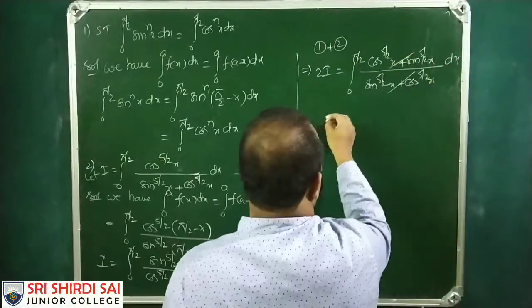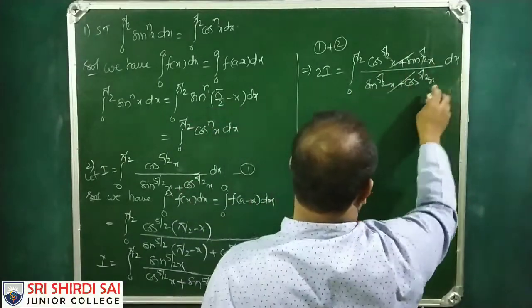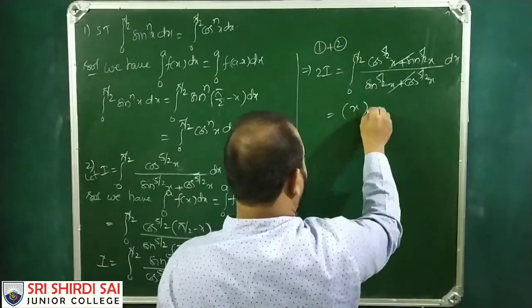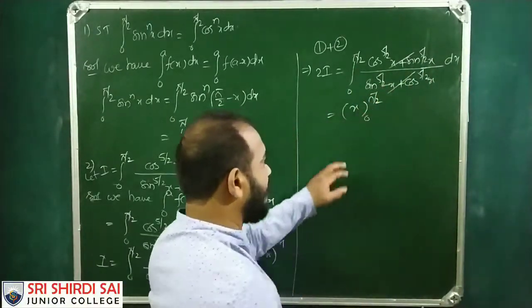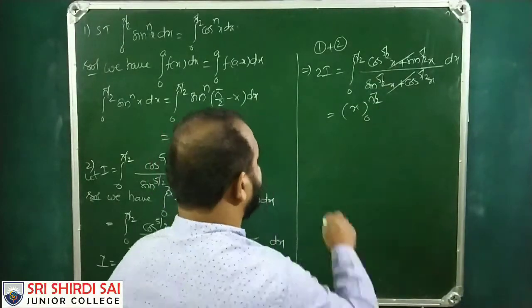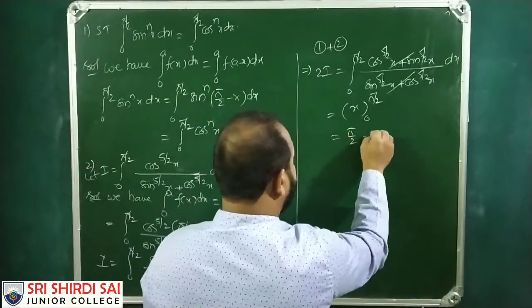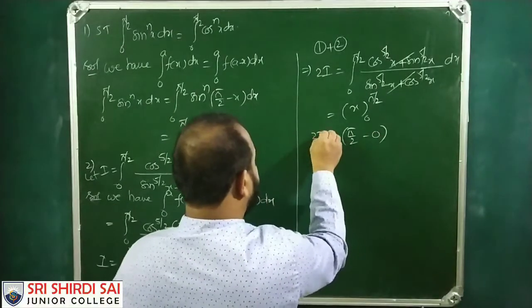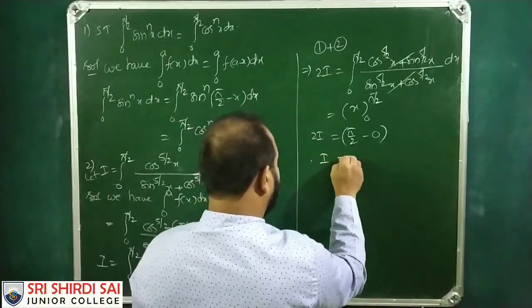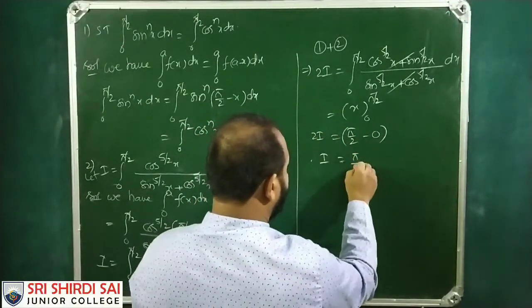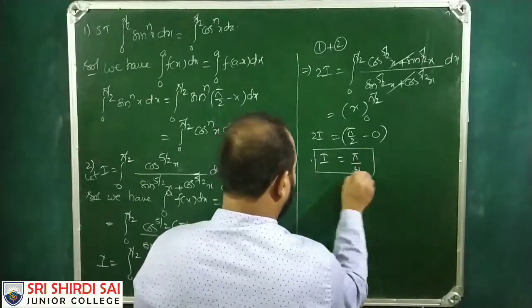So this cancels out. The integral of 1 dx is x from 0 to pi by 2. Since the process is over, 0 to pi by 2 is to be written here. So pi by 2 minus 0 equals 2I. Therefore I equals pi by 2 by 2, which is pi by 4.